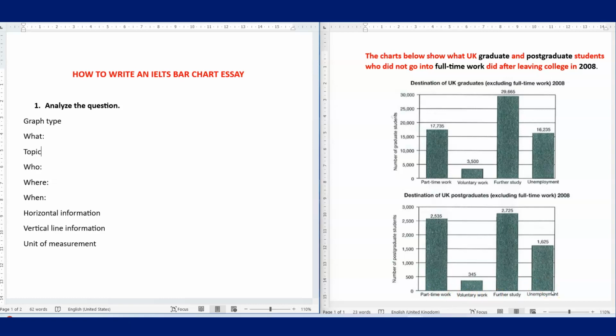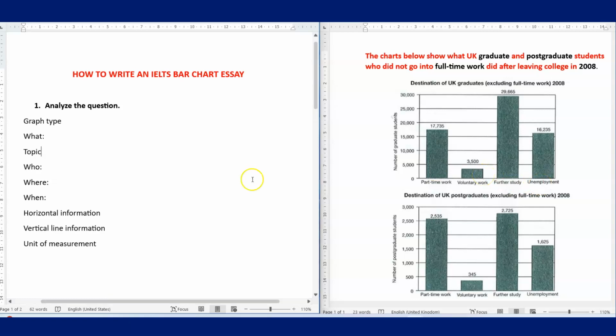So for these two variables, graduates and postgraduates, and where they are, we have four different destinations: those in part-time jobs, those in voluntary work, those who have furthered their education, and those who are unemployed, both graduate and postgraduate students.